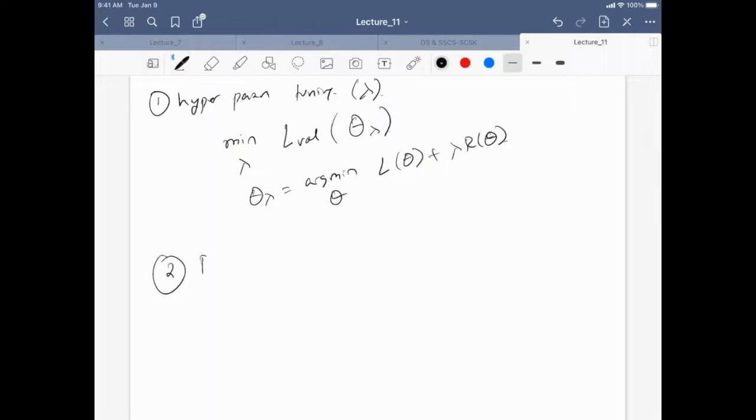Another example is reweighting. Imagine that you have weights W1, W2 until Wn for your data points.